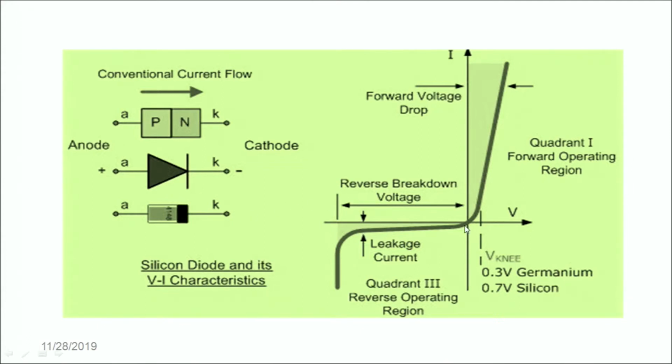Now, in the reverse bias, the diode is operational beyond the breakdown voltage. Beyond this breakdown voltage, there is a sharp increase in the value of the current without any change in the value of the voltage, and thus a Zener diode typically works in this particular region where there is no change in the voltage while there is a sharp change in the current, and that's why it works like a voltage stabilizer or a voltage regulator.